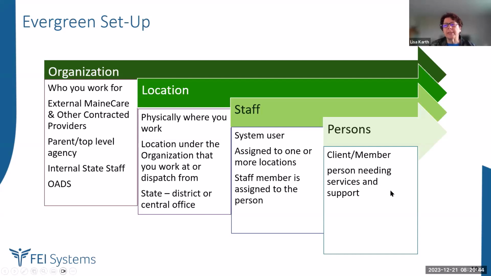You've been hearing me say that term throughout our introduction and our beginning up to this point. That is the client or member, and it's the person needing services and supports. As we move forward, I'm going to refer to this as the person. That's the terminology in Evergreen.